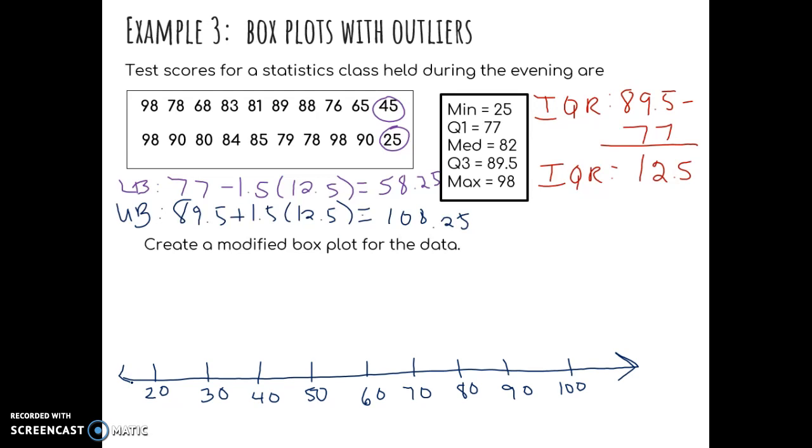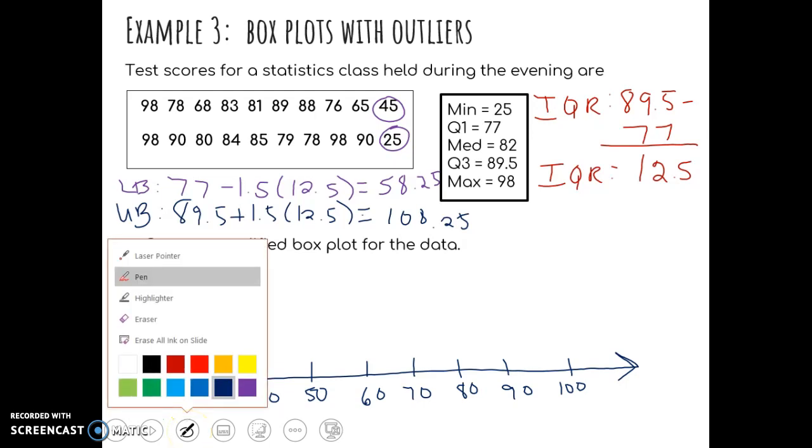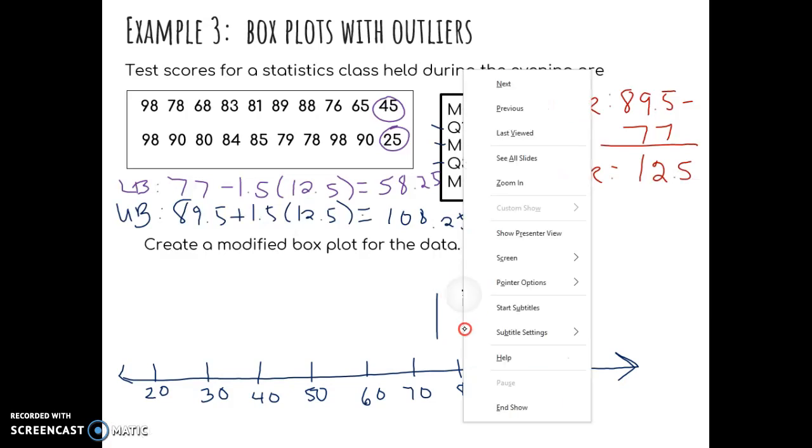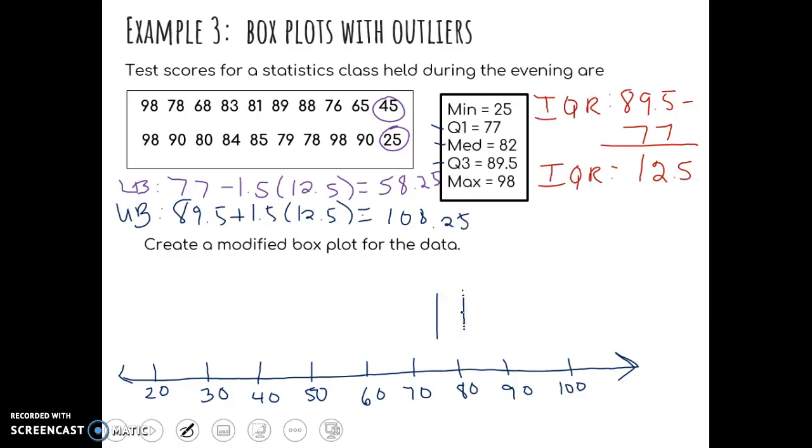Okay, so I have a number line drawn here. I started at 20 and counted by 10s up to 100. So let's take blue and go above and do our Q1, our median, and our Q3. So Q1 is 77, so somewhere around here. Median is 82, so about right there.